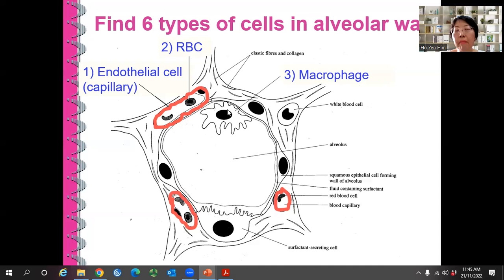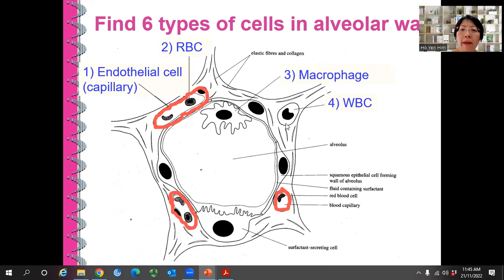There must be some air particles that have stimulated this macrophage to migrate in order to phagocytose those air particles like virus, bacteria, spores, pollen grains, dust particles.